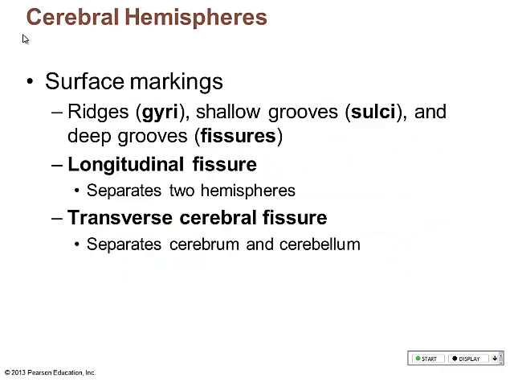Remember all those folds and grooves that were created as the tube kept folding on itself? Those just aren't haphazard. They're actually highly organized folds and grooves. So when I look at the surface of the brain, I see all these little ridges and folds. Some of them are just bumps, and it's kind of like our roads in Maine.